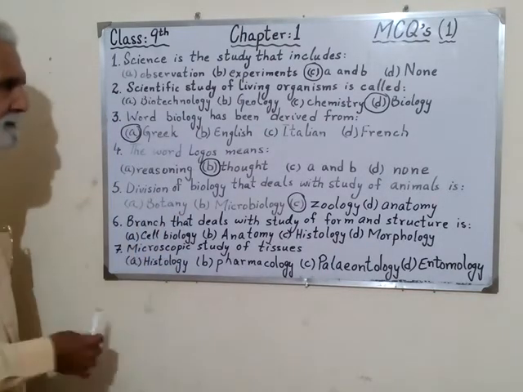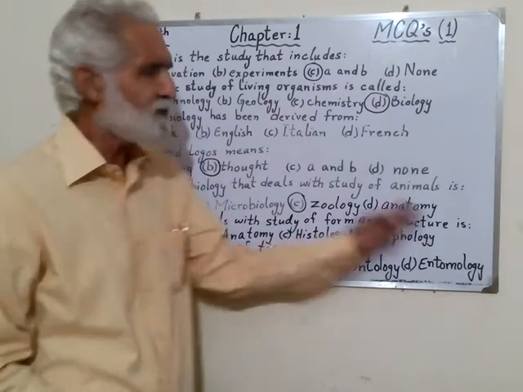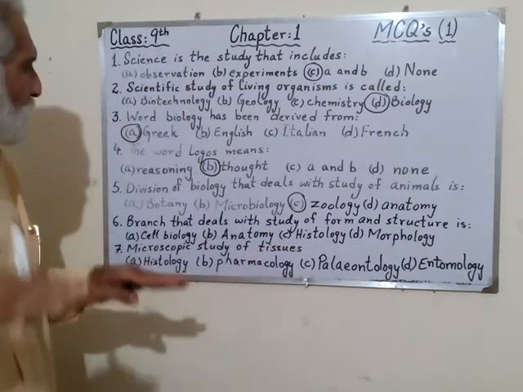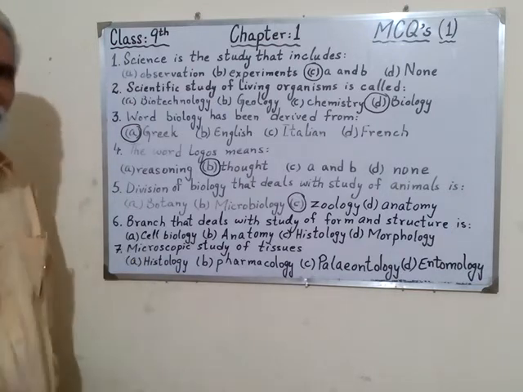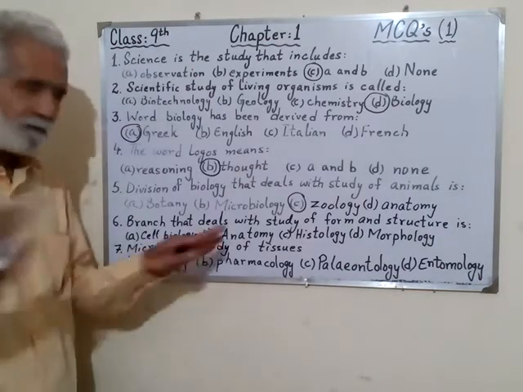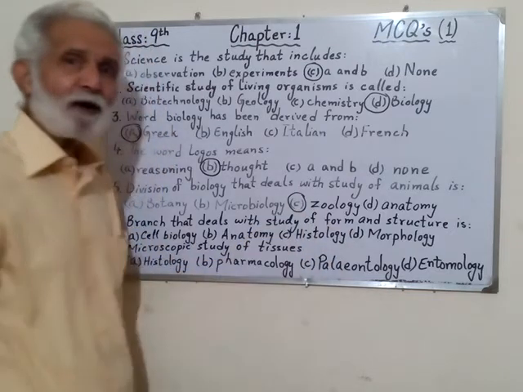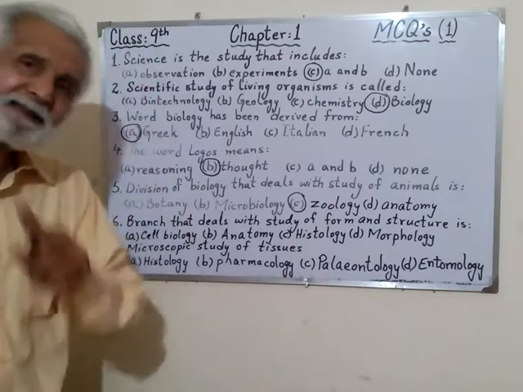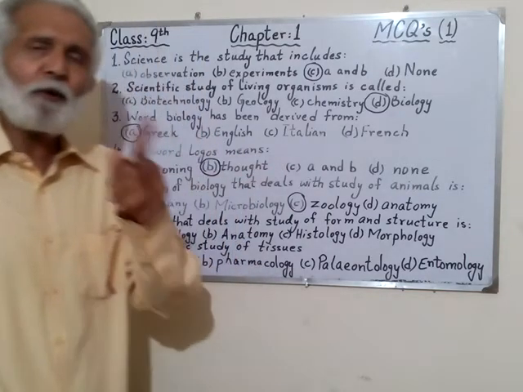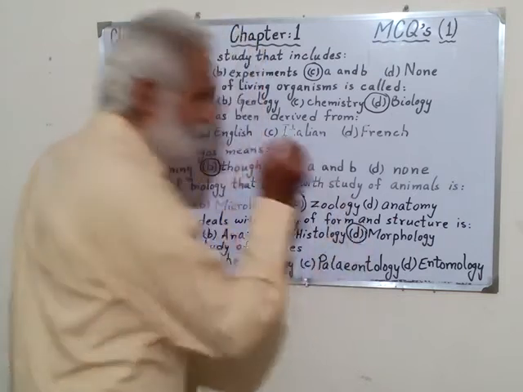Then comes number 6. The branch that deals with the study of form and structure. When we say form and structure, cell biology is the study of the cell. Anatomy and histology are something else. Then comes morphology. We remember that morphology is the study of form and structure of living organisms. Clear?